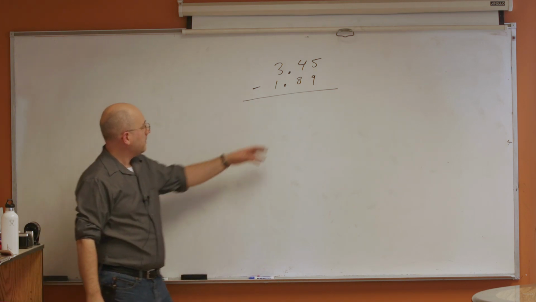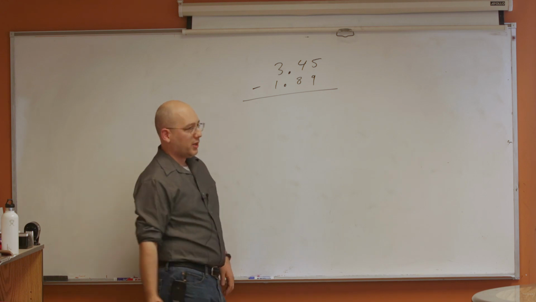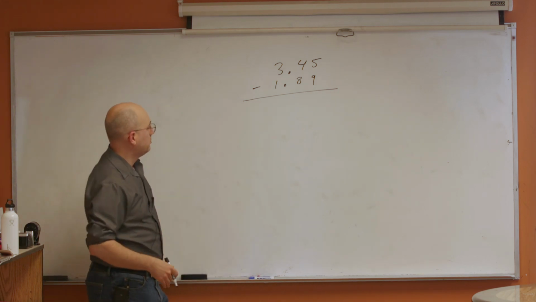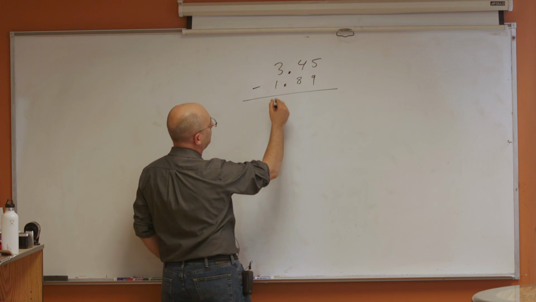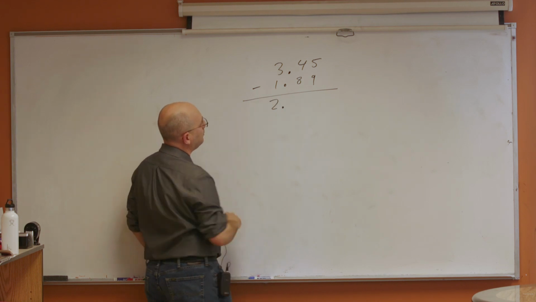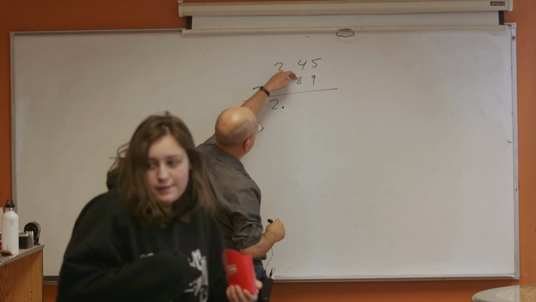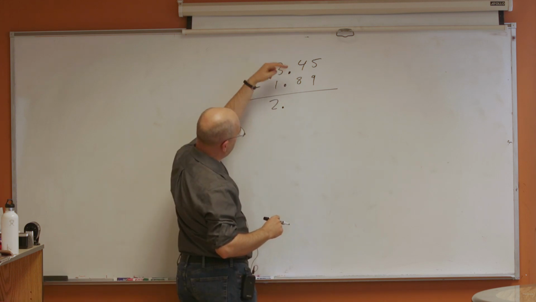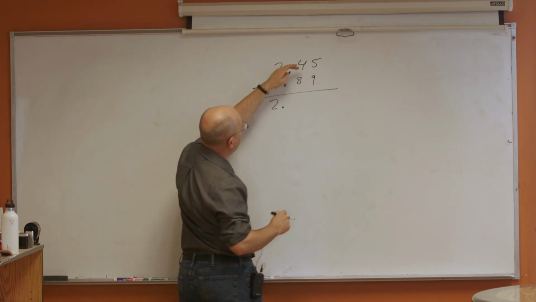Well, this decimal point will just go along for the ride. We pretty much ignore it, except it just drops down. 3 minus 1 is 2, period. 4 minus 8, the 8 becomes a 2, because 8 plus 2 is 10. 2 plus 4 is 6.